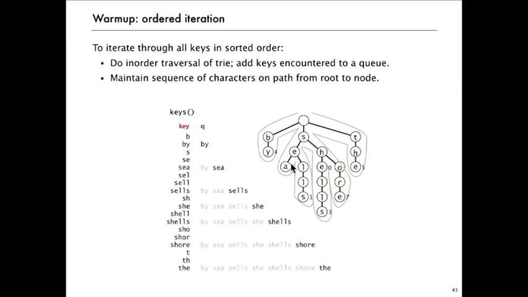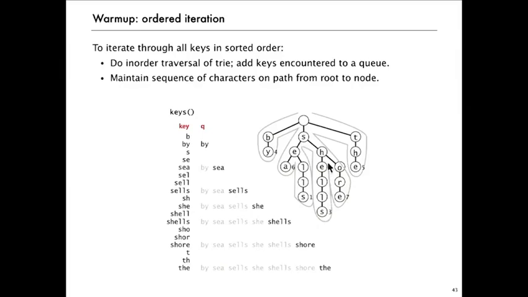Now we drop the A and do the L, and SEL, and LL, and then we get to that S, we have a value, we can put out sells. And then we can drop these, get back to the S, and get to SH, SHE, find a value, and put she on the queue. LLS, and put shells on the queue.